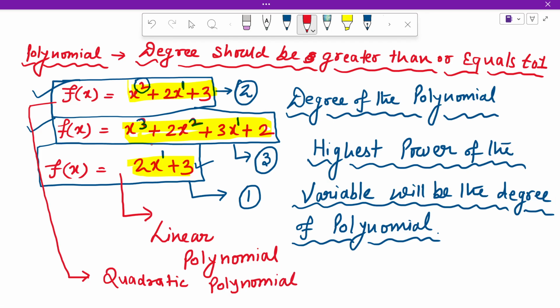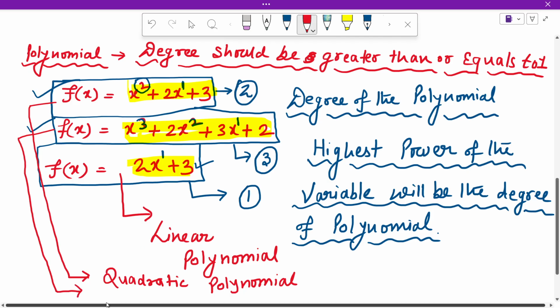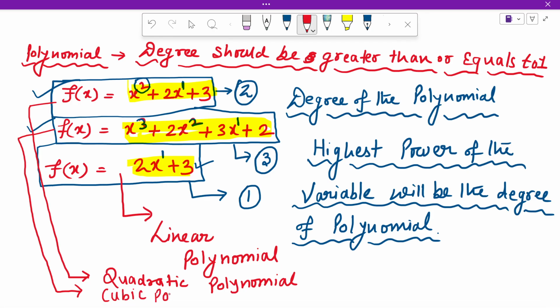And when it is with a degree of 3, the third one, it is known as a cubic polynomial. So we have three varieties.